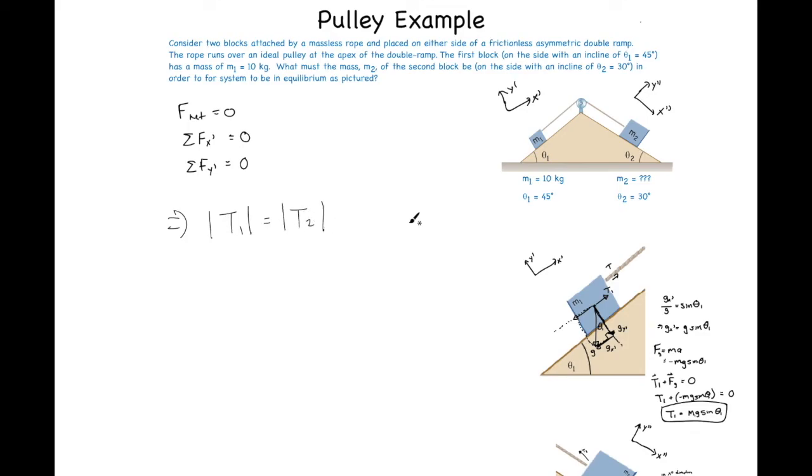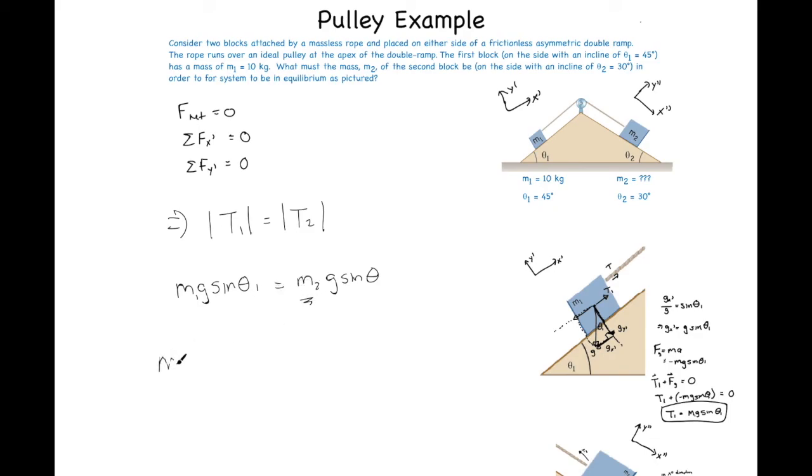And we work this out for all the masses being in equilibrium. So we have m1 g sine theta 1 has to equal m2 g sine theta 2. And now, remember, what we're interested in is solving for mass 2.